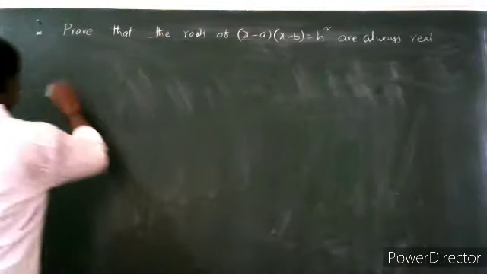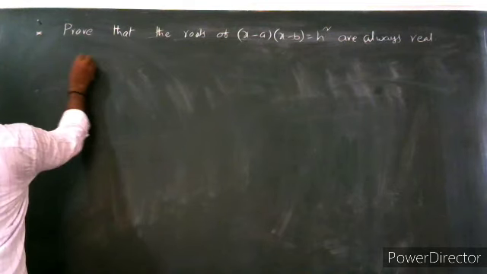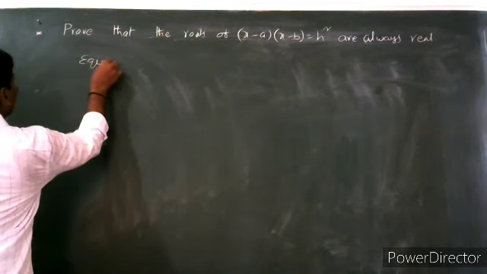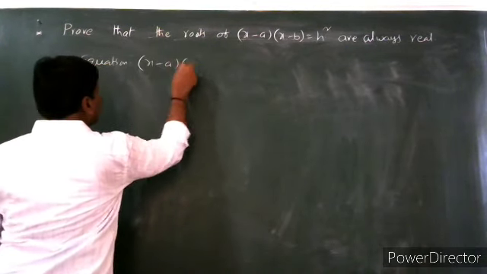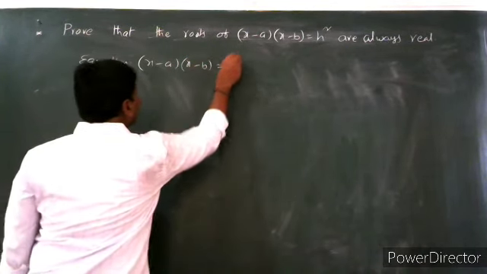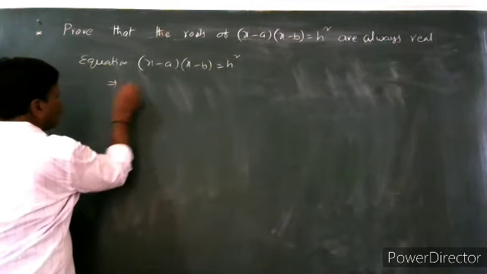So what is the equation? (x minus a) into (x minus b) is equal to x square.